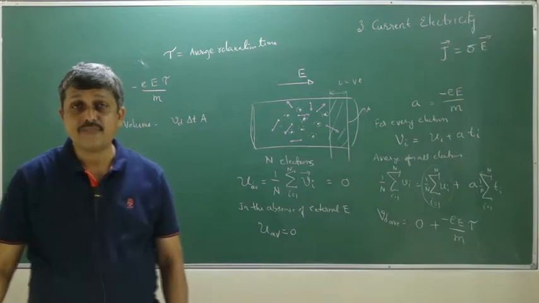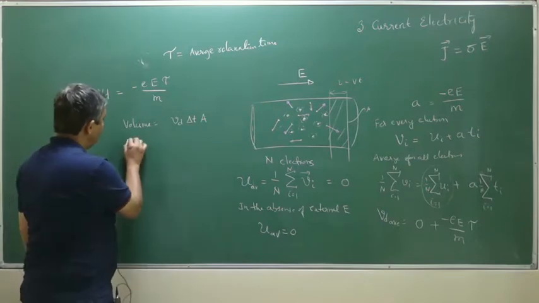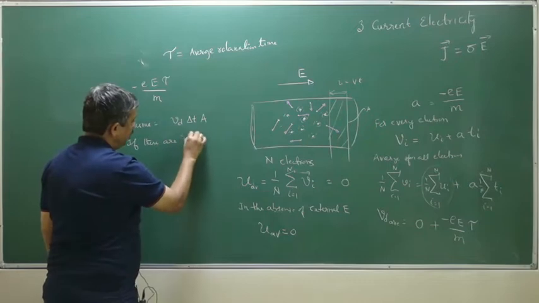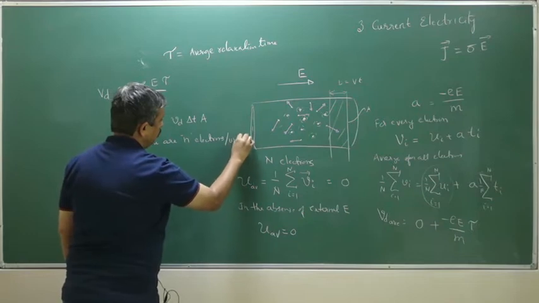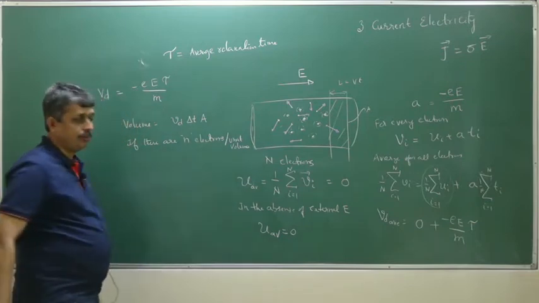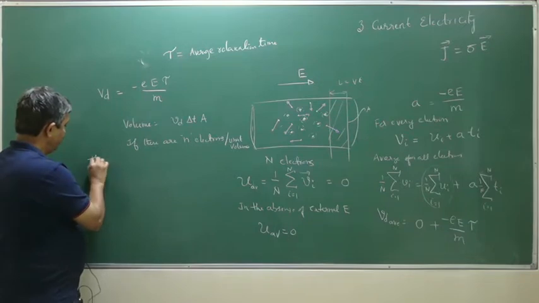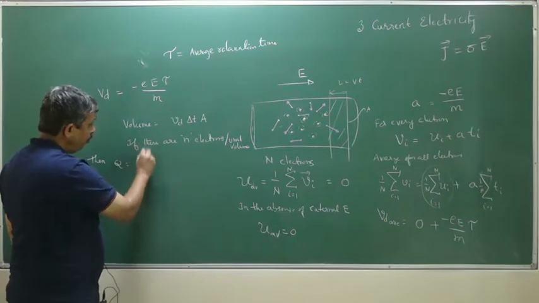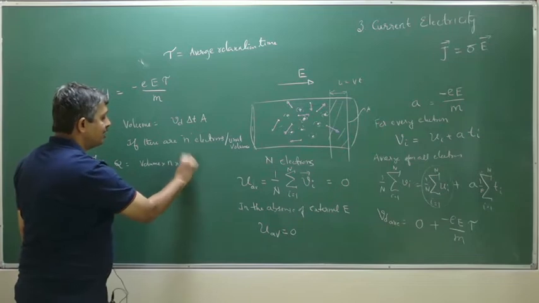If that is the volume, what is the total amount of charge? Let us say there are n electrons per unit volume, small n. Then Q is equal to volume into n into the charge of every electron.